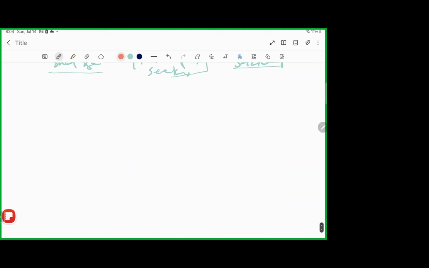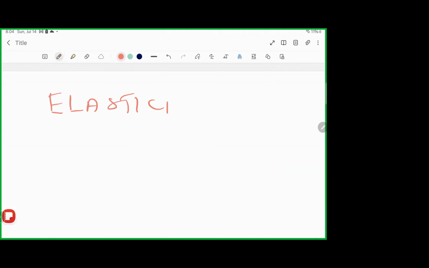Okay. So now let's look at the last side of it, which is very important. We are going to look at elasticity. So remember from the law of demand, we were saying that at a higher price, what should happen?